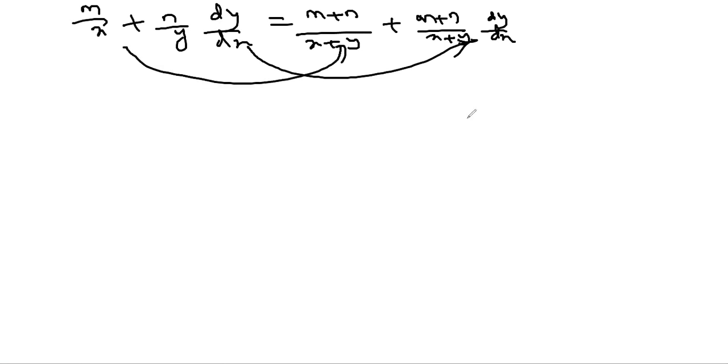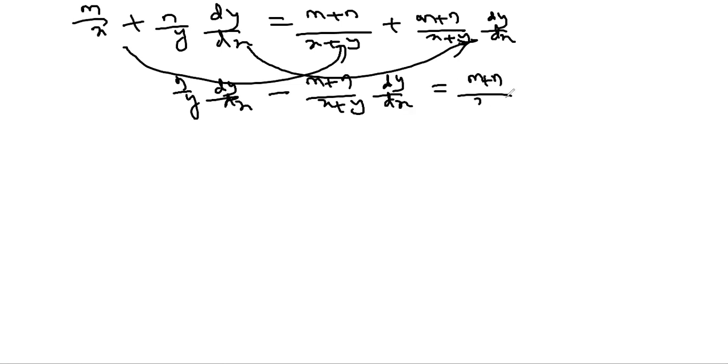So now we write n by y into dy by dx minus (m plus n) by (x plus y) into dy by dx is equal to (m plus n) by (x plus y) minus m by x. This plus becomes minus.